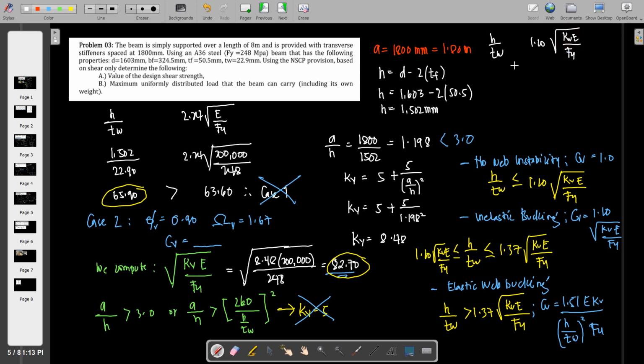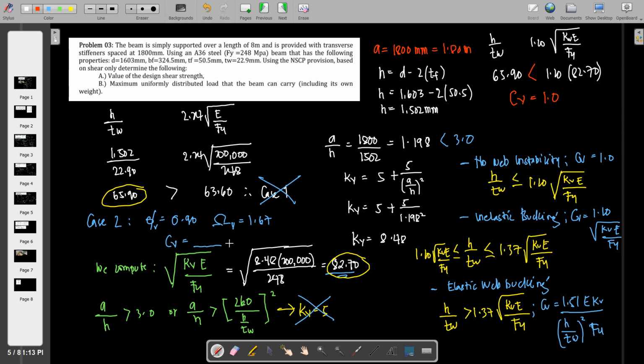So, yung H/TW natin is 65.9 and ito 1.1 times 82.7. So, dito pa lang mas mataas na, di ba? So, obviously, this is greater, no? So, therefore, sa case 1 tayo, no web instability. Therefore, we can use Cv is equal to 1.